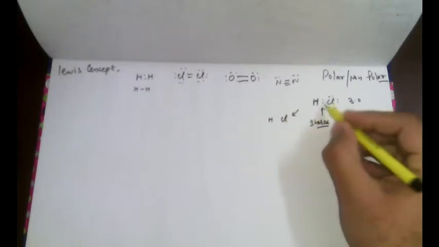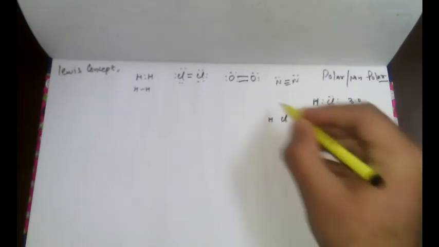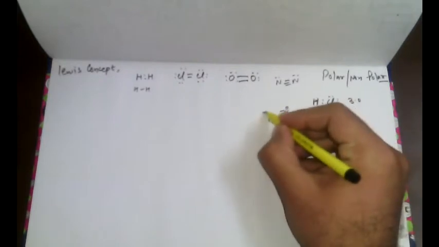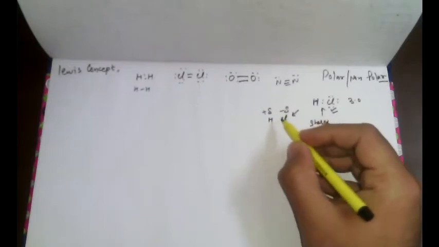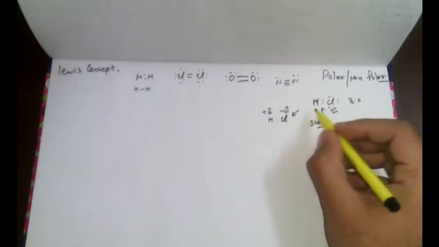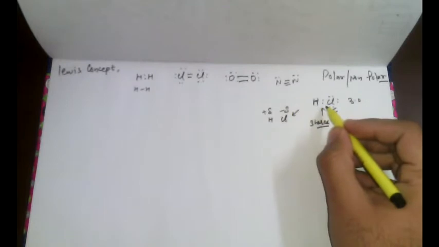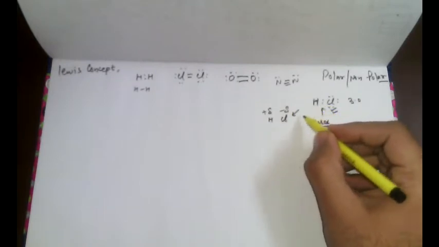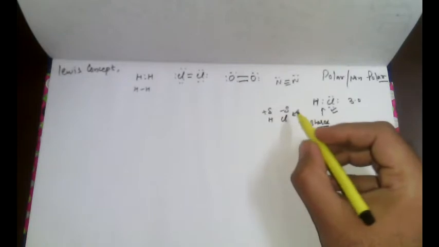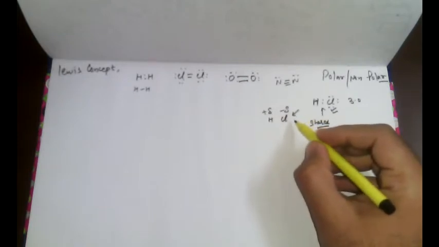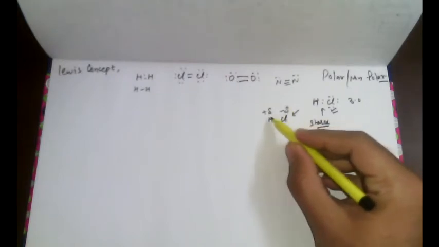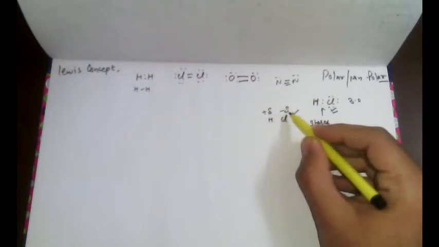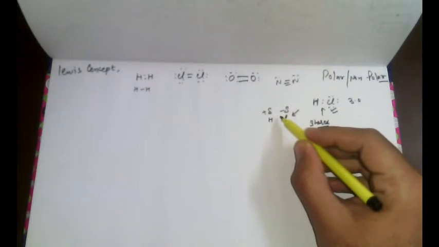Chlorine gets the excess of electrons after attracting them, so it gets the negative polarity, and hydrogen gets the positive polarity. Since the electron pair is displaced more towards the chlorine atom, both acquire a partially positive charge and a partially negative charge.